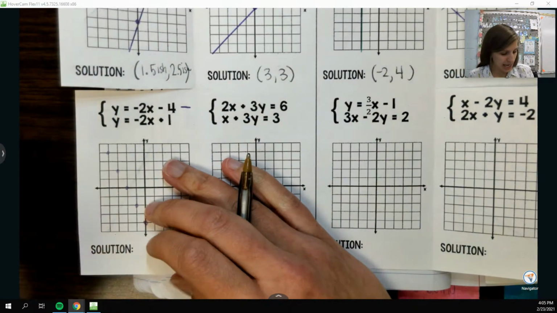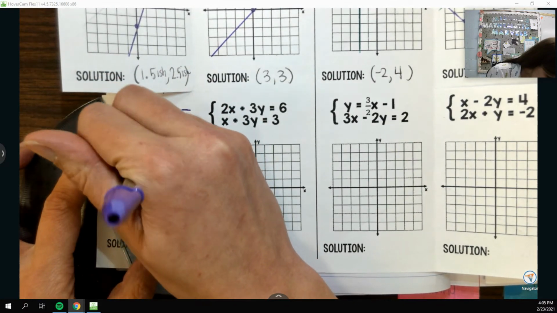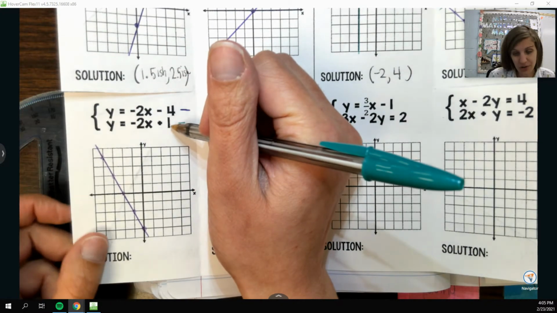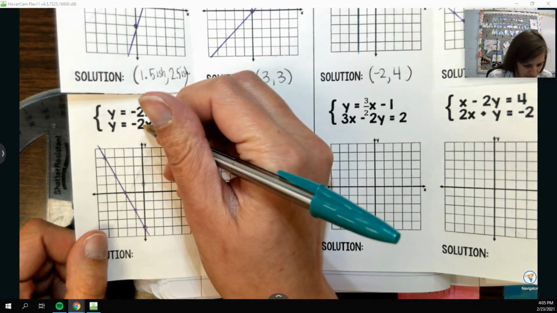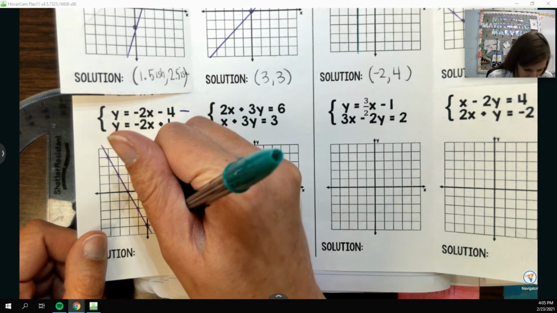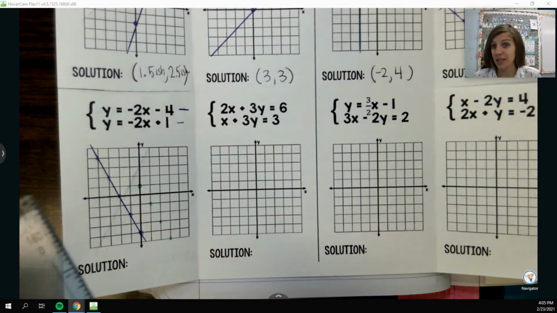So we get this line. And then the one below it has a y-intercept of 1 and a slope of negative 2, so down 2 over 1, down 2 over 1. Oh, I see what's going on here.